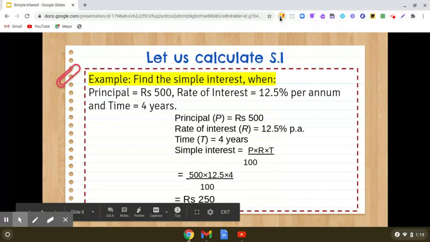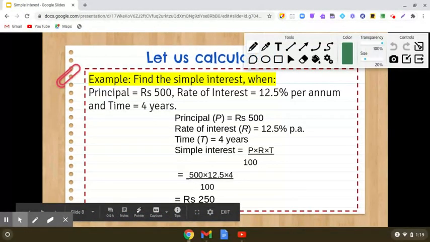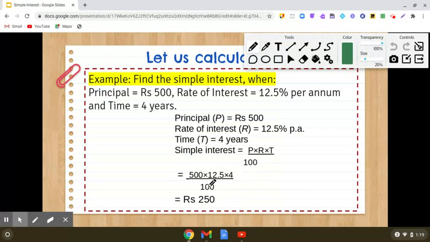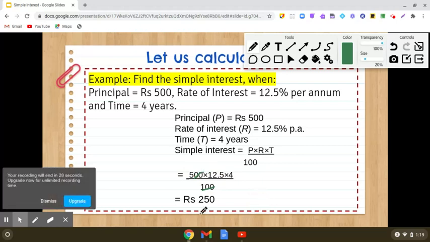Simplify this and tell me what is the answer. Very simple calculations are there. So you can cancel two zeros from numerator and denominator, and then you get 12.5 into 20. That gives us rupees 250.